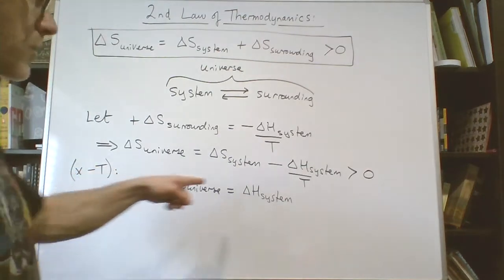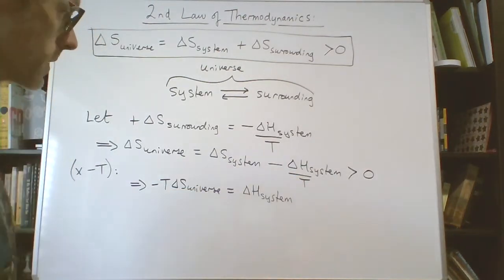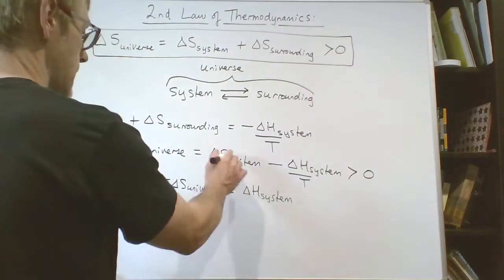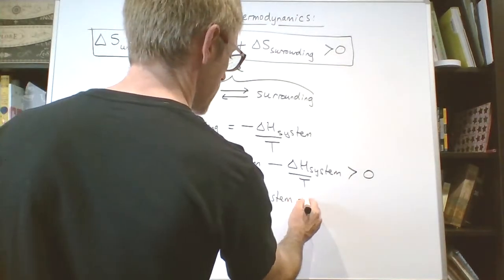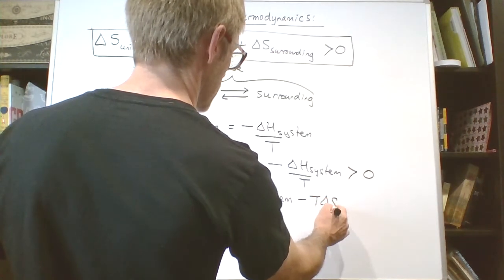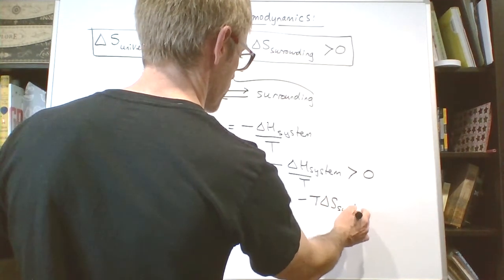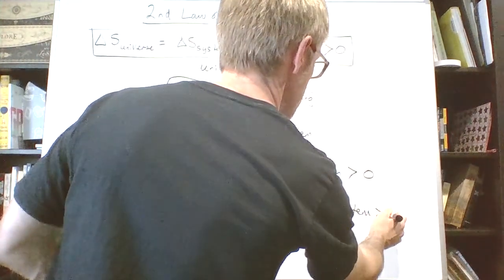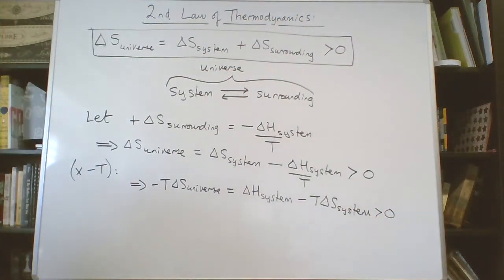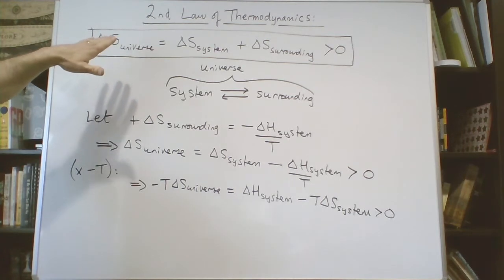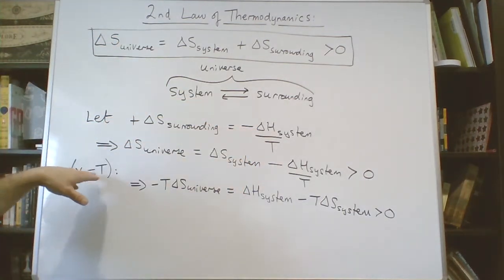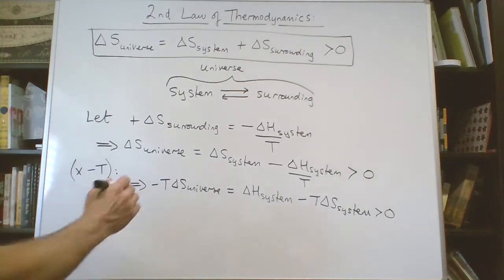And the temperature in the numerator would cancel the temperature in the denominator. And then I can multiply this last term by negative T, which would make it negative T delta S system, which is greater than 0. So again, I took the term in the box, I rephrased it so everything is with respect to system. I multiplied through by negative T, so now I have this equation.